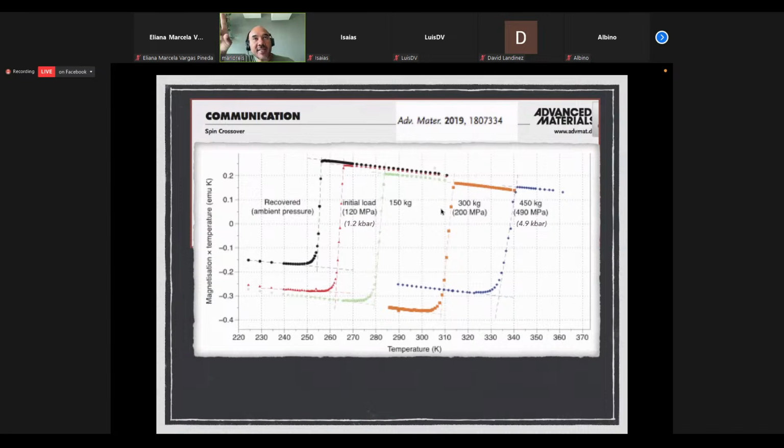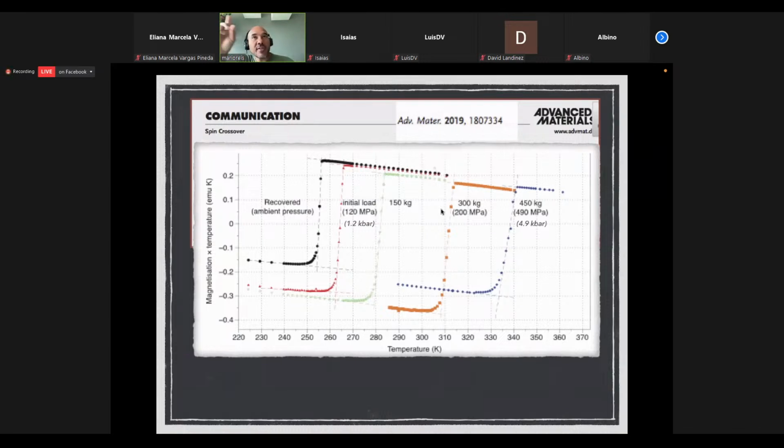You can think D6 in a low spin configuration has 3 spins up and 3 spins down. So the effective spin is 0. So it's a diamagnetic material. When the transition to a high spin occurs, it changes to S equal to 2.